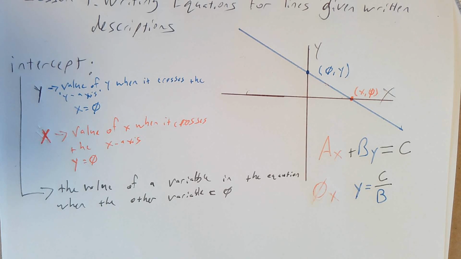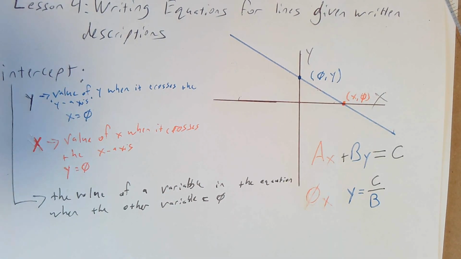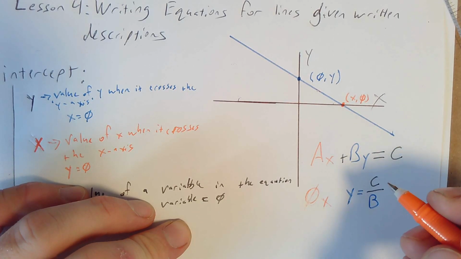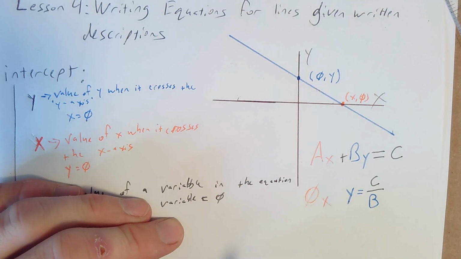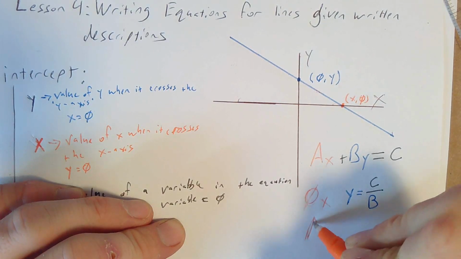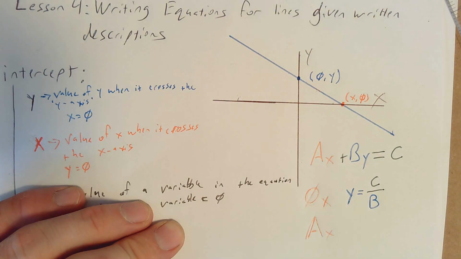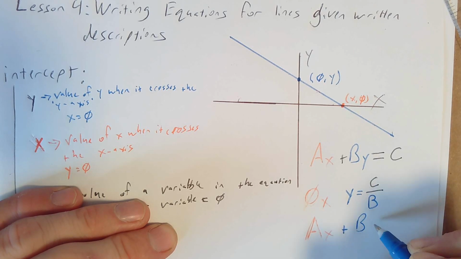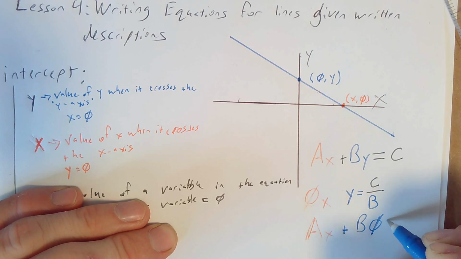Now say we had y equals 0. It would be ax plus b times 0 equals c.